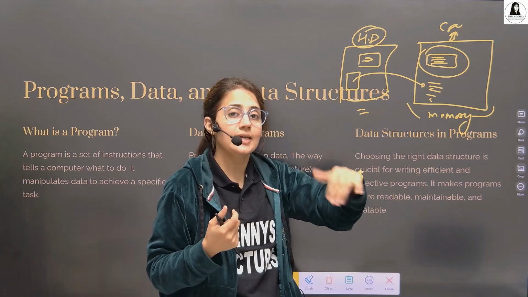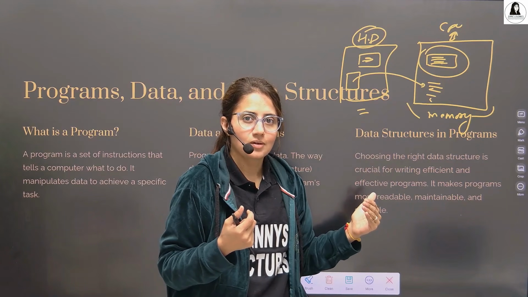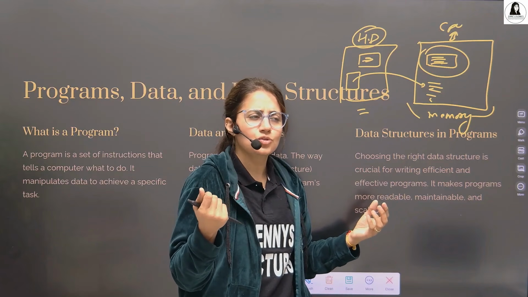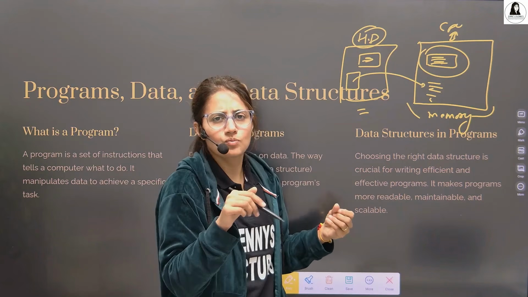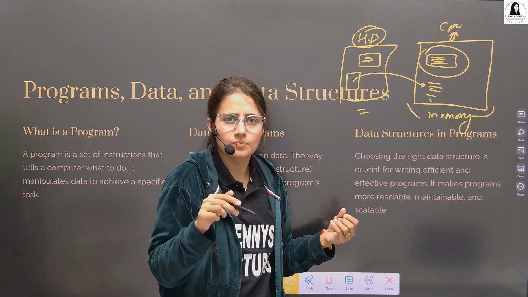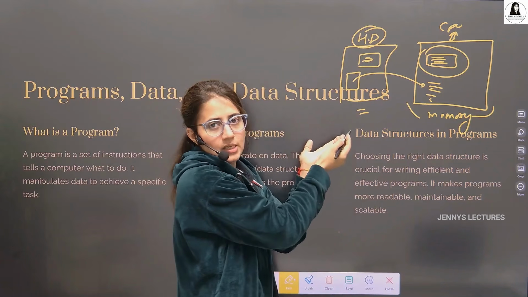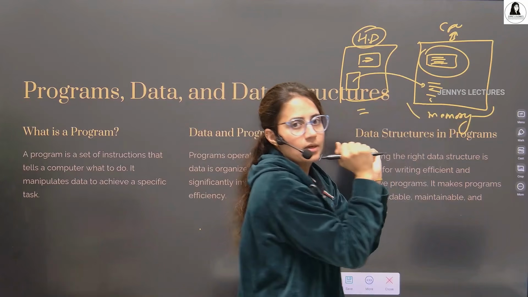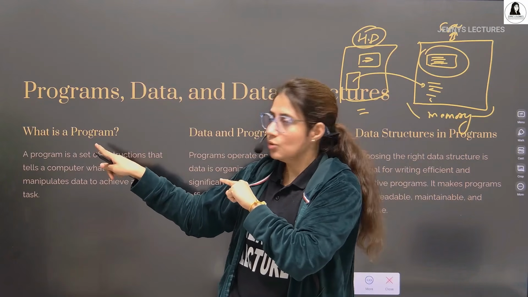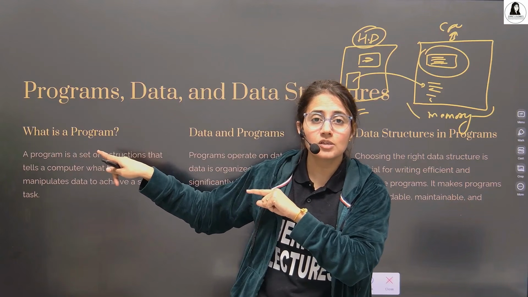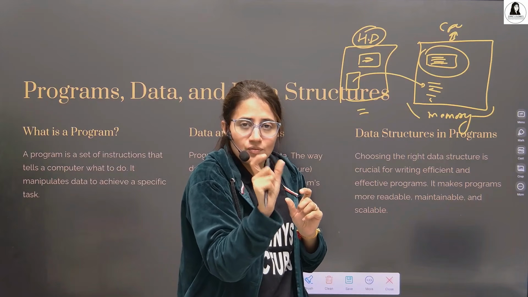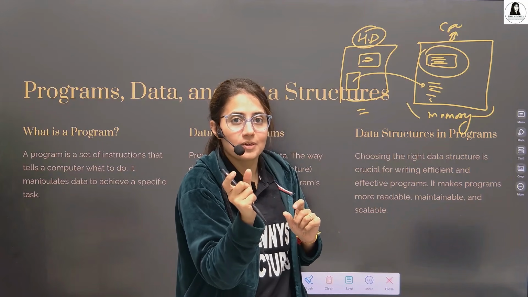In a database, we generally store data in tabular or relational form, and that is in the hard drive. But data structure is in main memory. That's why in the previous video and slide I told you data structure is the organization of data in the computer's main memory. Specifically I told you main memory.